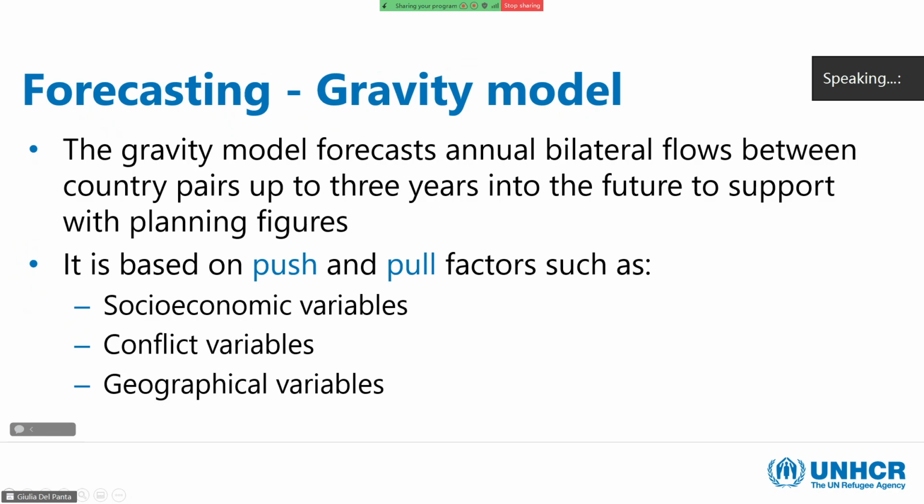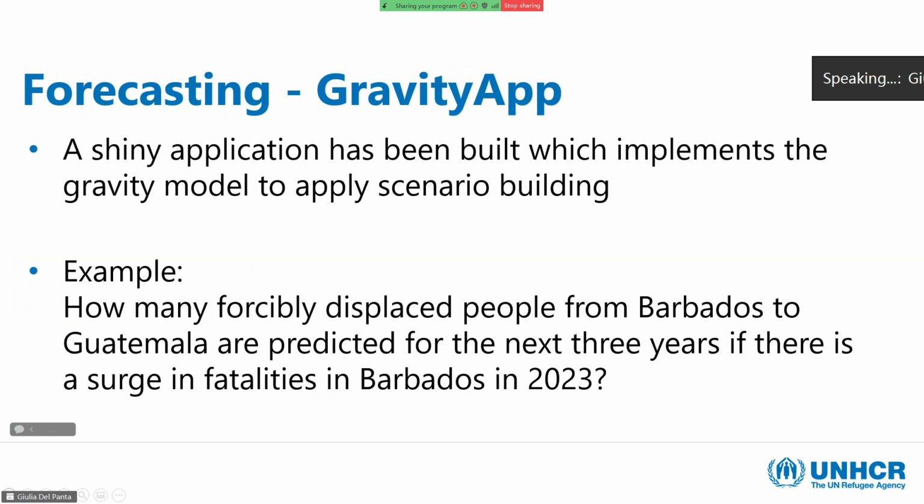And this gravity model, it's also a work in progress, but we have one, and it's used in a Shiny application which we built, which implements scenario building. And scenario building can be used by the operations that need to come up with planning figures by basically giving them a tool to play with.